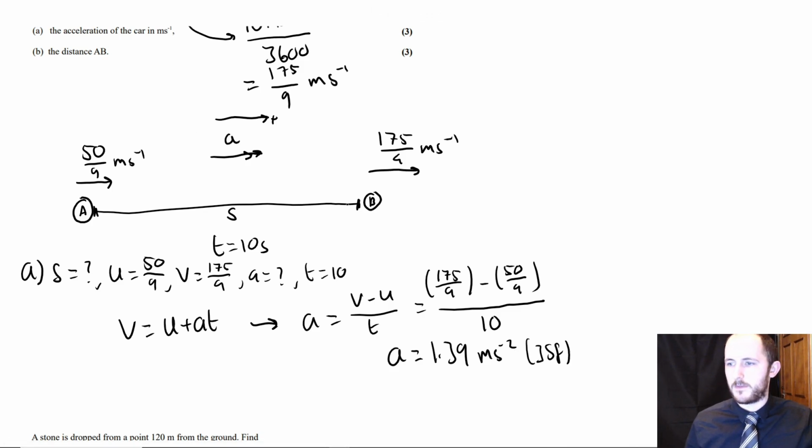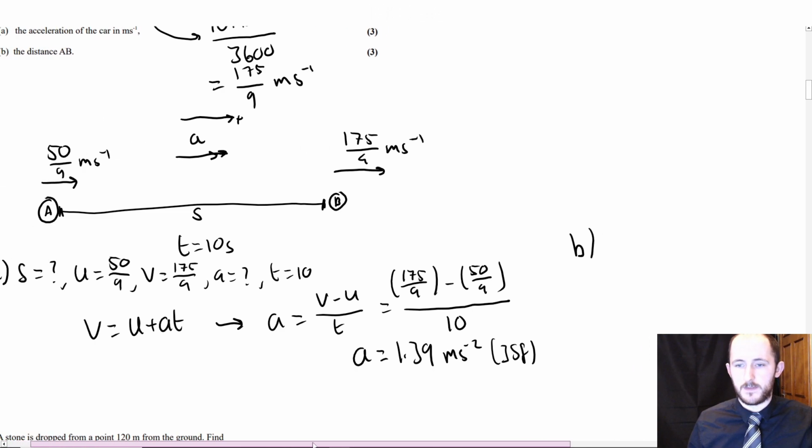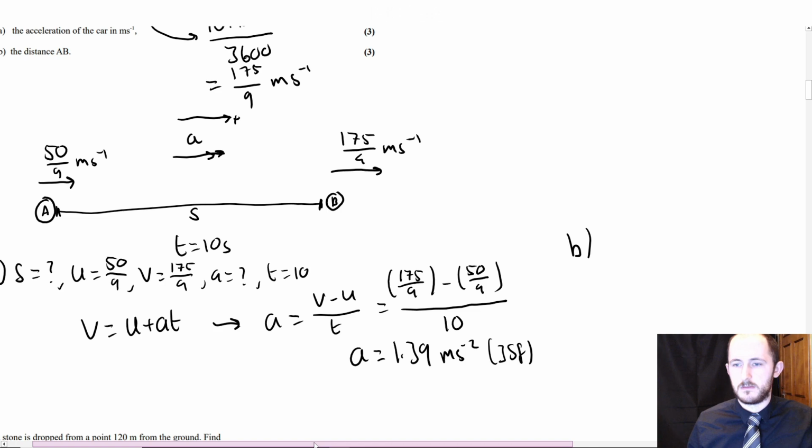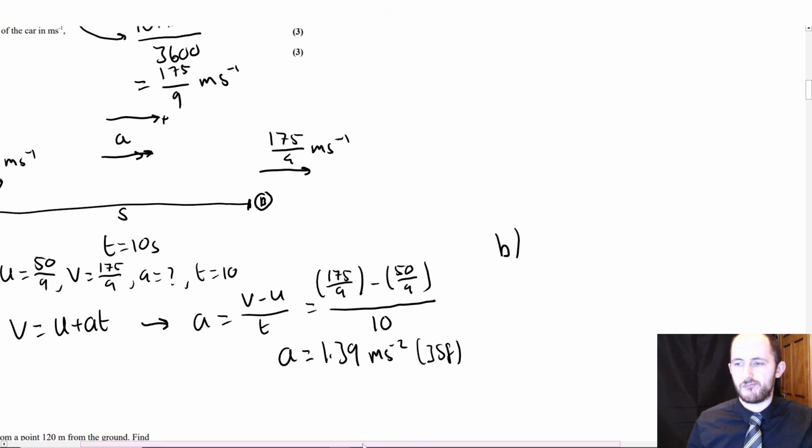And that, again, is to 3 significant figures. For part B, it says work out the distance AB. So that is our s. You can work this out in pretty much any way you'd like, because we have all of the equations. We could use s equals (u plus v) over 2 times t, or, because it's the one I have at the front of my mind, s equals ut plus half at squared.